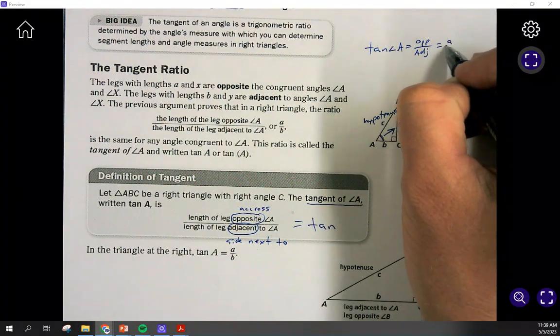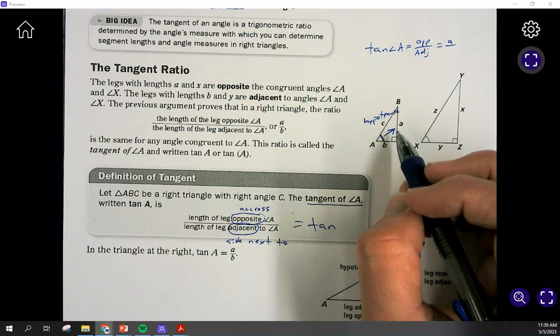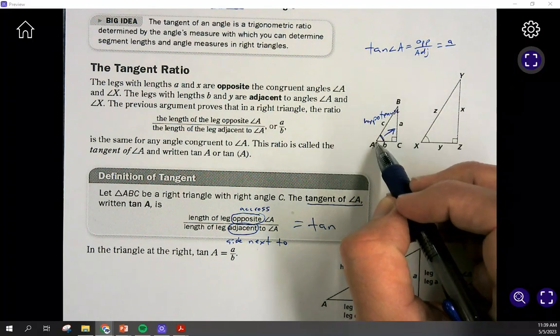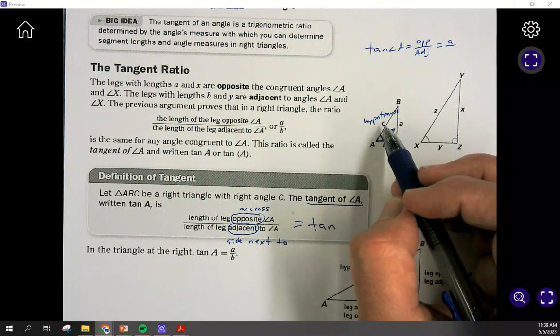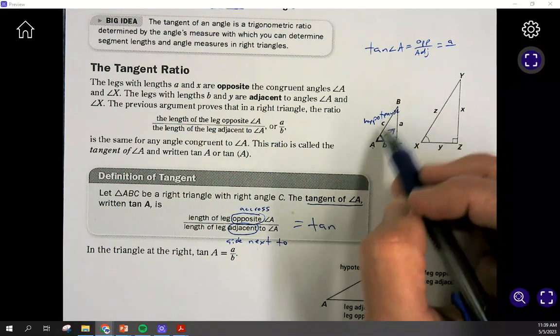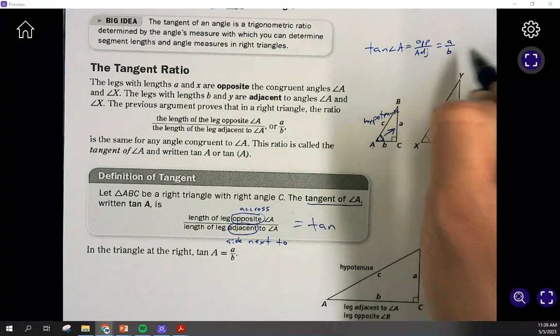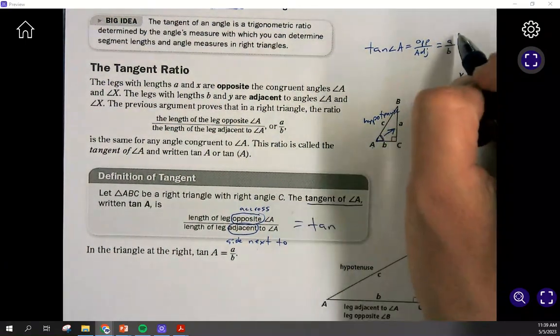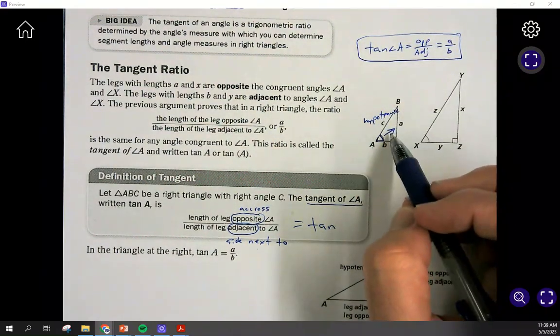So that would be little a from angle A. Every angle has its own. And then the adjacent means next to angle A. The adjacent sides are both C and B, but C is the hypotenuse. We're not using that. So the adjacent side would be B. So that right there is your tangent ratio of angle A.